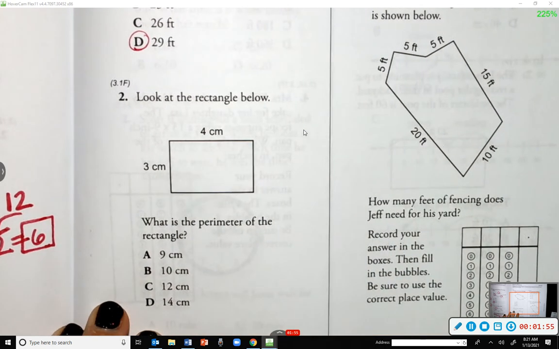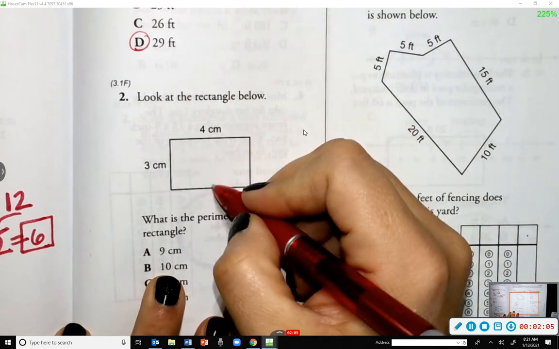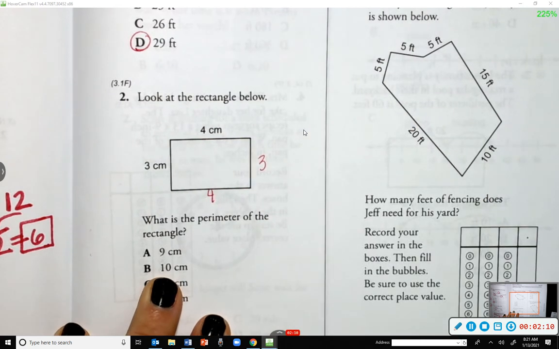Number 2, look at the rectangle below. What is the perimeter of the rectangle? Okay, Allie, what would I do here? 4 plus 4, 3 plus 3. Good. Don't forget the bottom and the right side. Just because there's no number there, you still need to add up all sides.